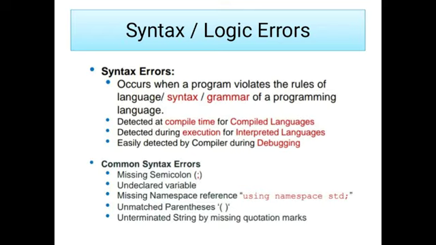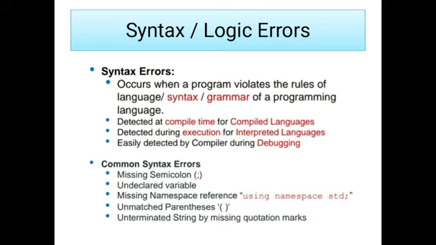First, what is a syntax error? A syntax error is an error caused by violation of the rules of a programming language. It is detected by compilers and interpreters during compile time or execution respectively.